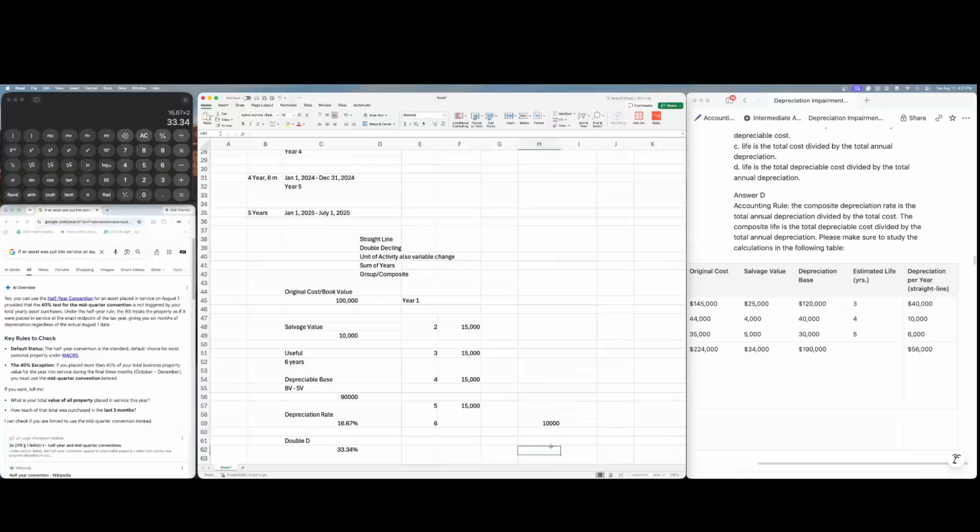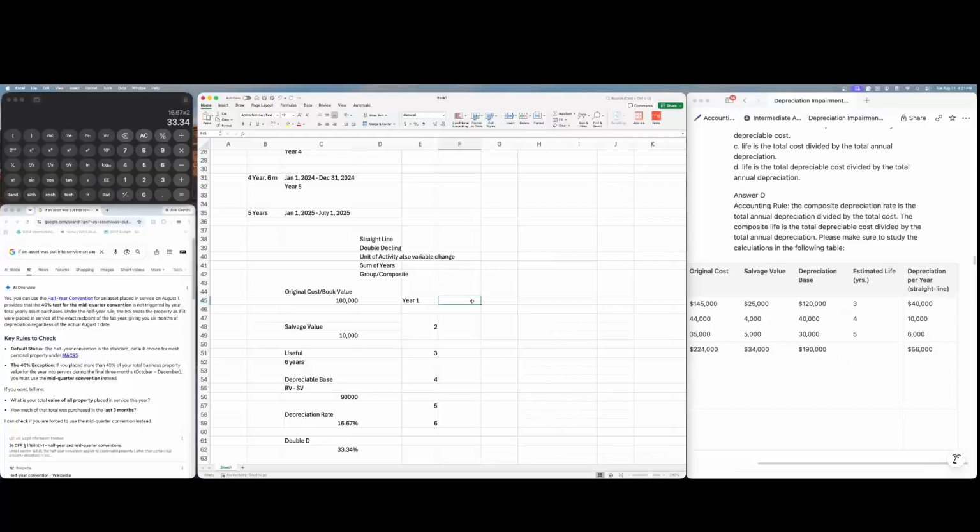But the important thing to know about double declining is that after the first year of depreciation, you would have an annual depreciation that changes every year based off the new book value after the deduction of the annual depreciation.